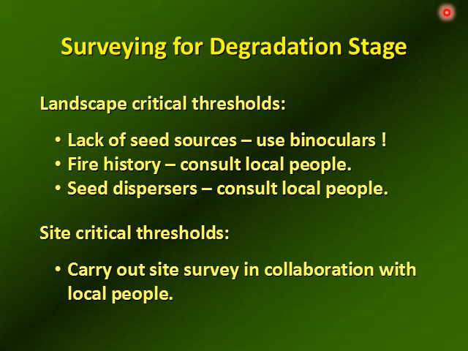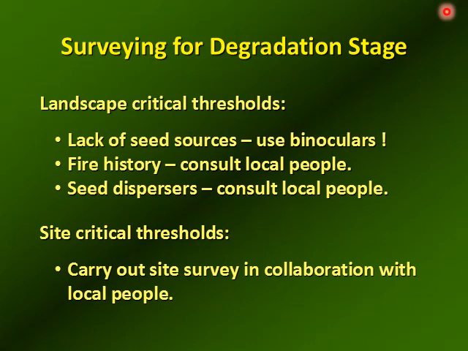First of all, the landscape critical thresholds. These are quite easy to do. The best way to do this is to team up with a bunch of local villagers and go on a little walkabout tour of the landscape, find a viewpoint and have a look at the landscape with a pair of binoculars.